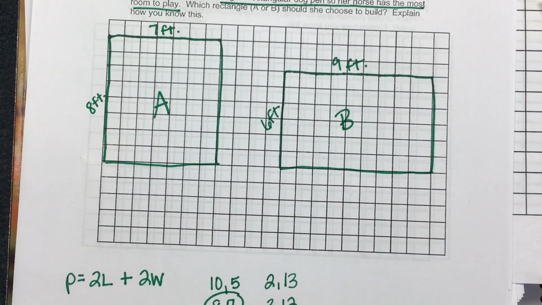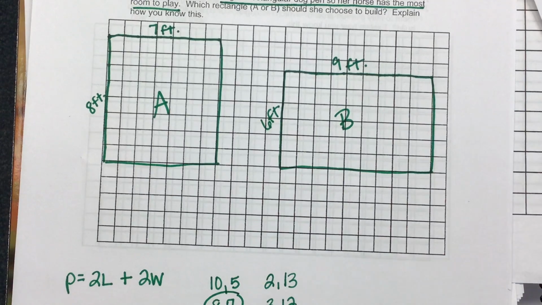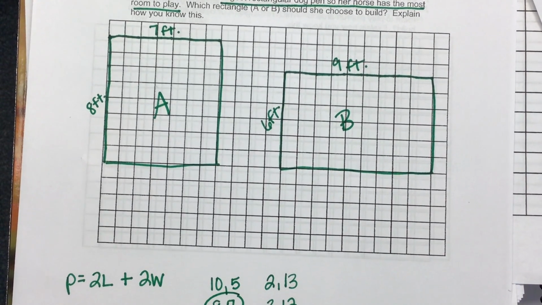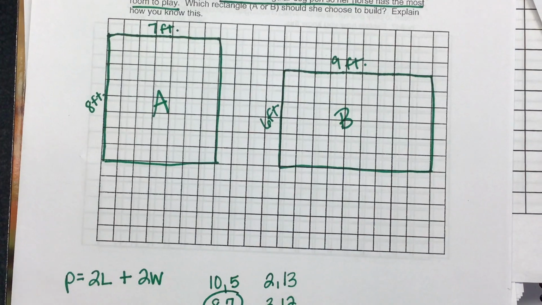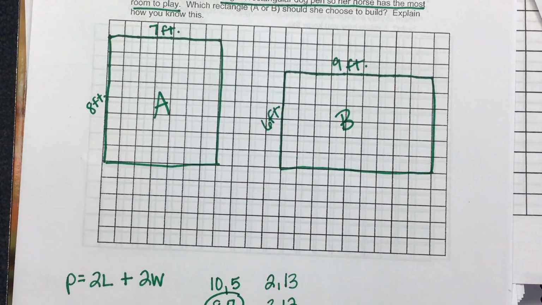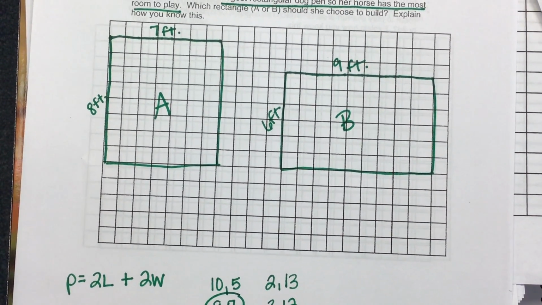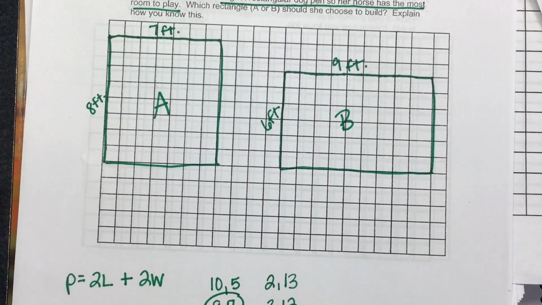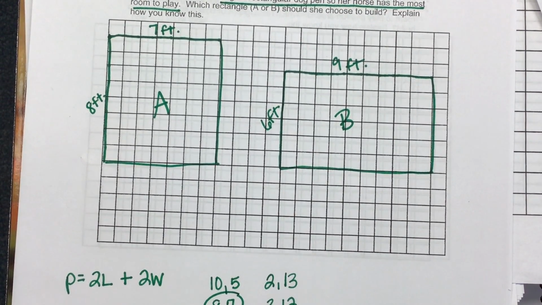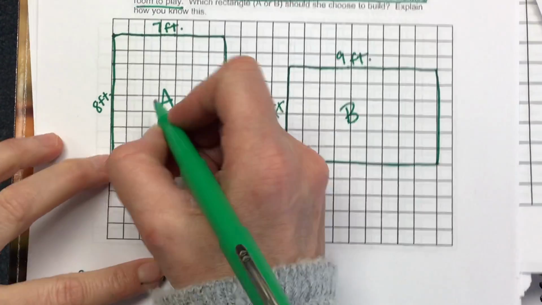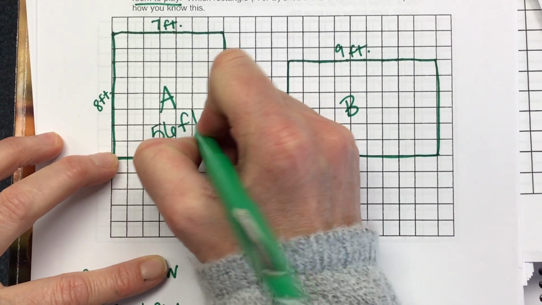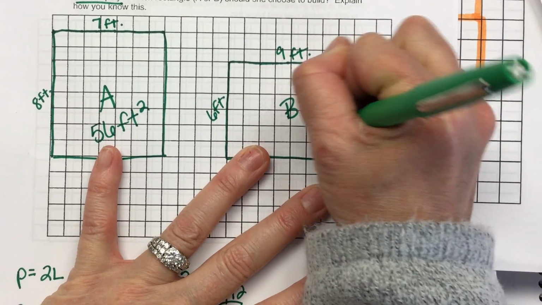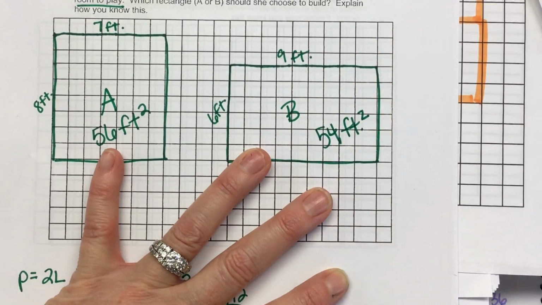Why don't we actually figure out the area instead of just guessing? Okay, I want you to figure out the area of each one of these. You didn't label the dimensions. Label the dimensions and figure out the area. Ryan? Okay, 56 square feet, 54 square feet.